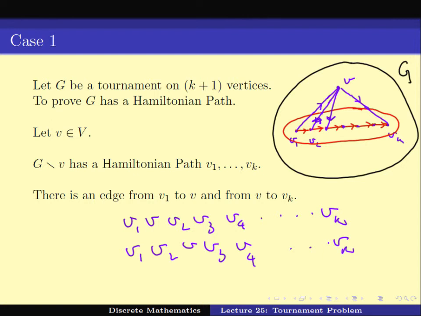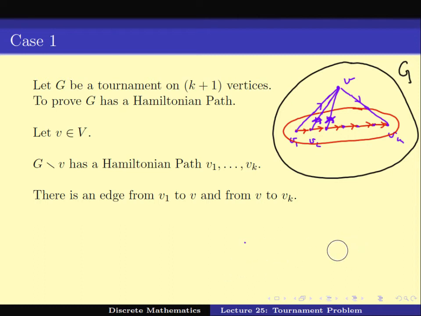But the problem is that even then there is no guarantee that I would have got that. I could have this edge from V3 to V going in the opposite direction, like this. Now the question is, can I always have edges going in the upward direction? The answer is no, because even if all the edges are going in the opposite direction, at the end V to Vk goes in the downward direction.